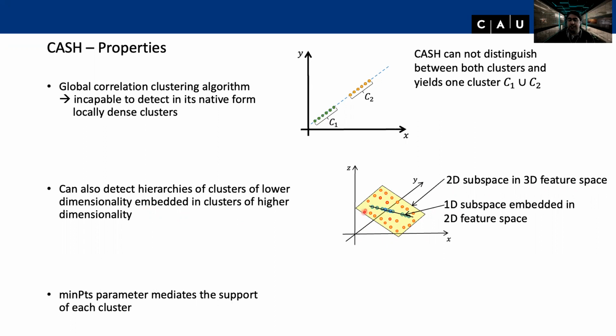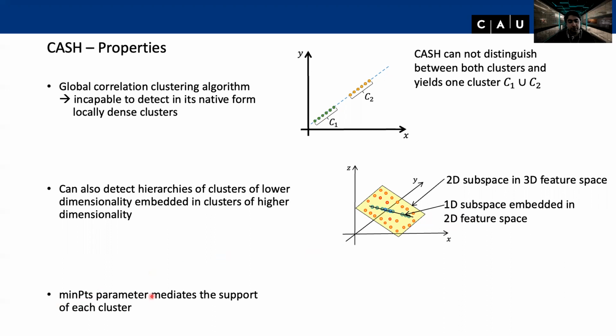This is this plane. And further, if applied and if the parameters are still met, it detects a 1-dimensional subspace, like a line, which is embedded in a 2-dimensional feature space or subspace, to be precise. So it is capable of detecting such dimensionality hierarchical subspace embeddings or clusters, to be precise.